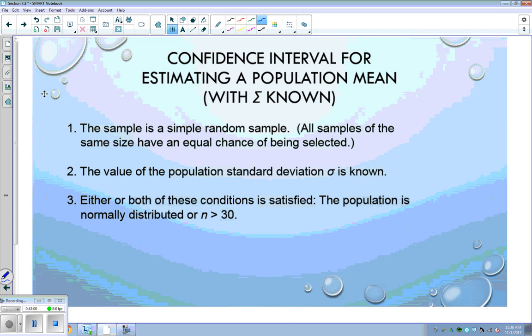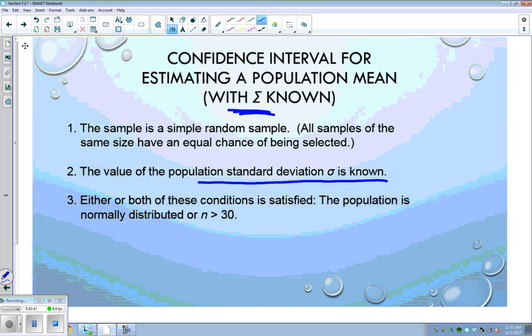So the confidence interval for estimating that population mean, when you know sigma, that sigma is just the capital sigma as compared to what I usually write with a not capitalized sigma. Same thing. The sample has to be a simple random sample. The value of the population standard deviation, sigma, is known. And either or both of these conditions are satisfied: the population is normally distributed, or N is more than 30.